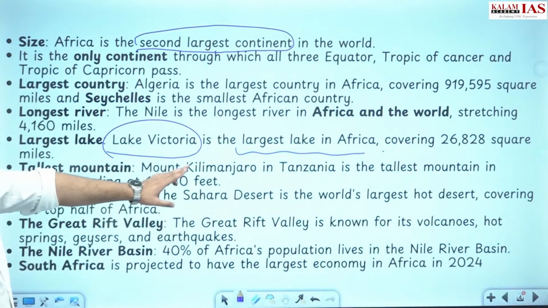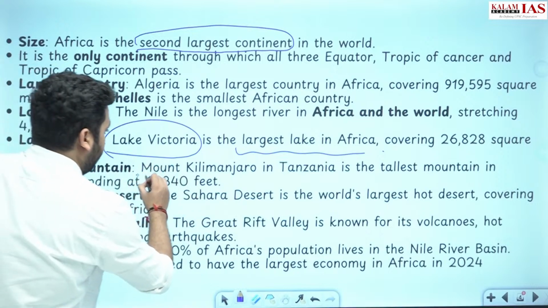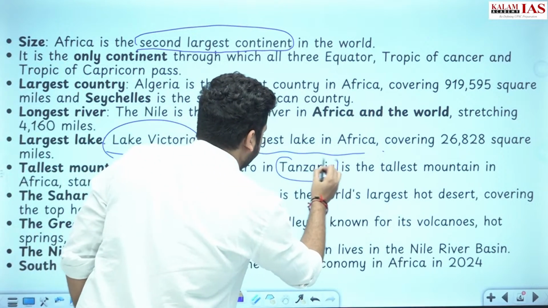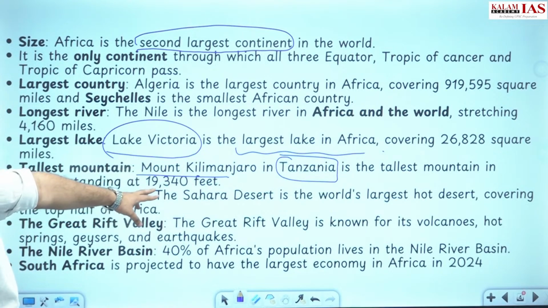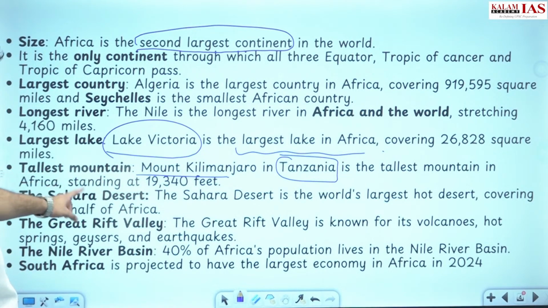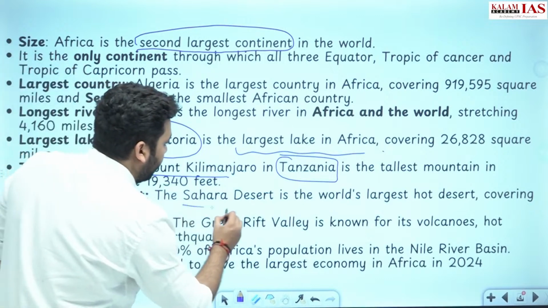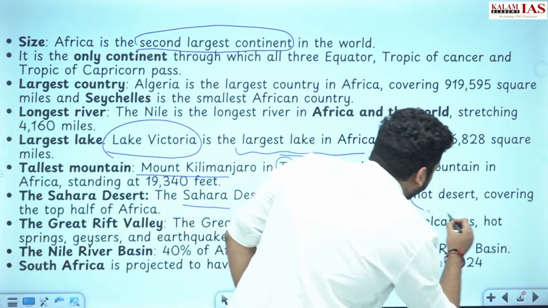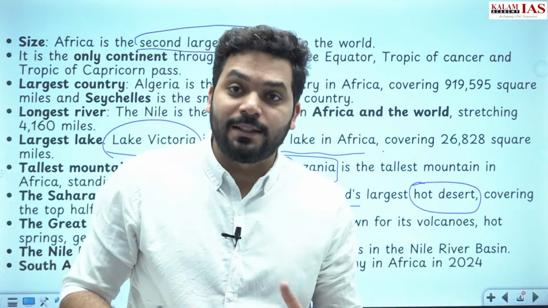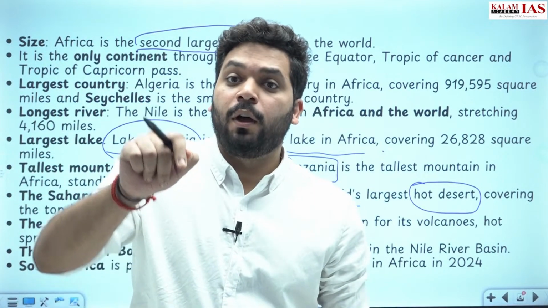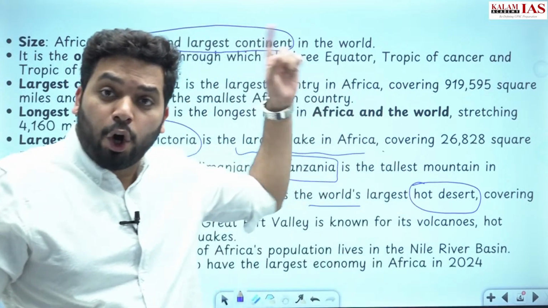Tallest mountain: Mount Kilimanjaro in Tanzania is the tallest mountain in Africa. This is the height, 19,340. The Sahara Desert is the world's largest hot desert. It is not the largest desert. You Google it right now, because it is the largest hot desert.